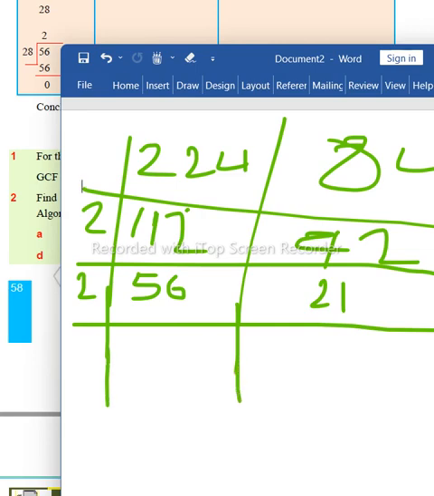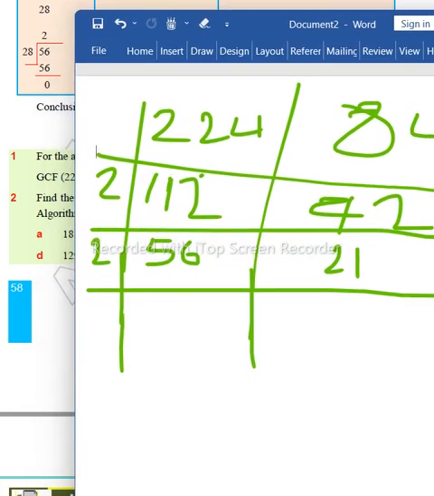When we divide 56 by 3, it is impossible. 21 is divisible only by 3 and 7, but 56 is not divisible by 3.